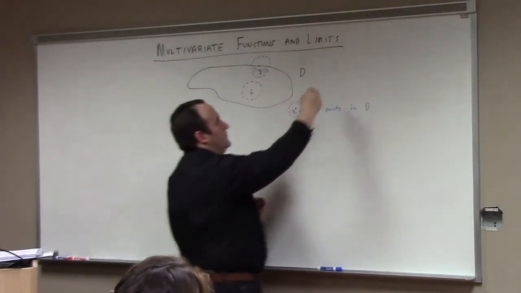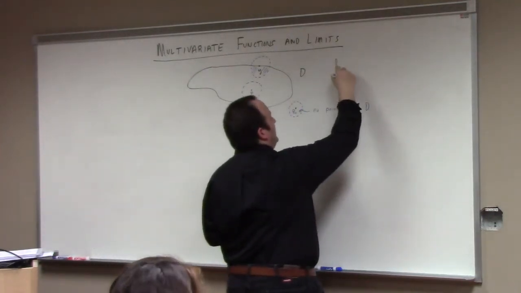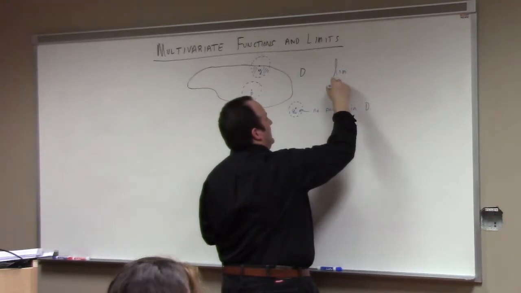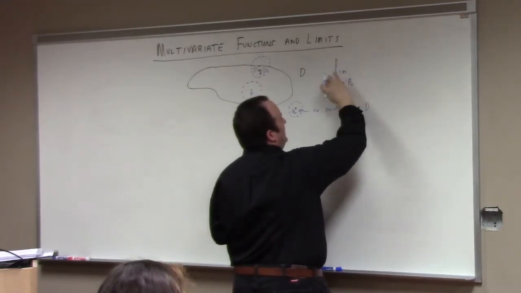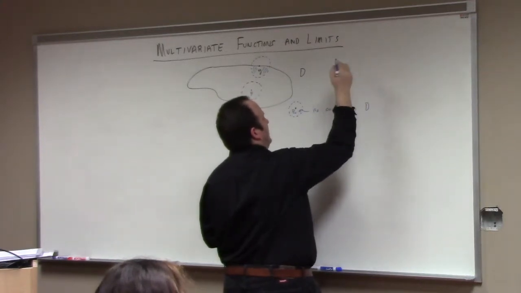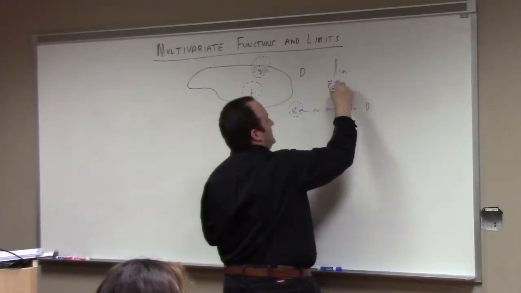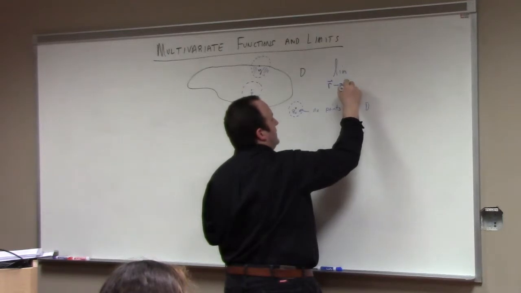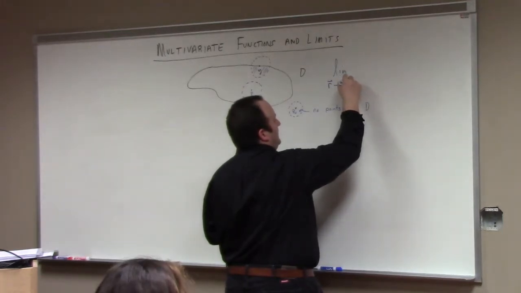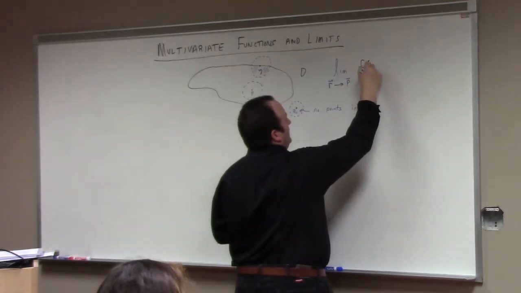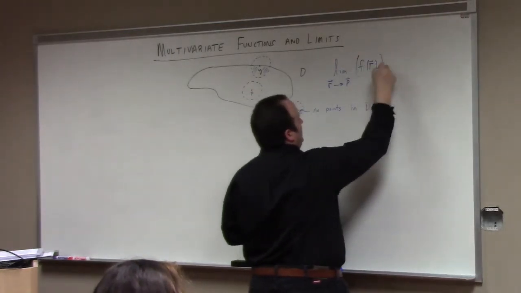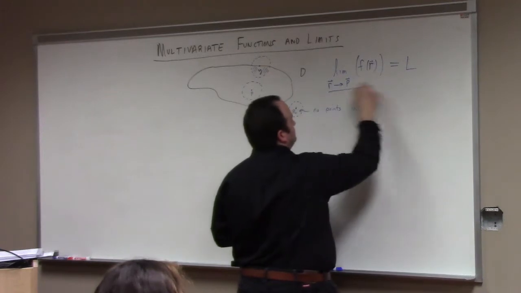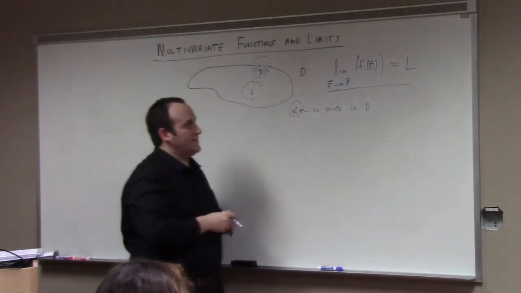And so we want to describe what on earth we mean when we say something like the limit as vector r goes to the point P of f of r equals L. What does that mean?